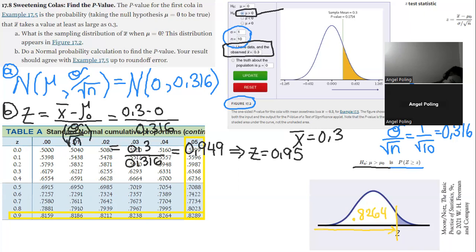So I always call what I get from table A, and then we need this rightmost edge. So we're going to take the value away from 1.